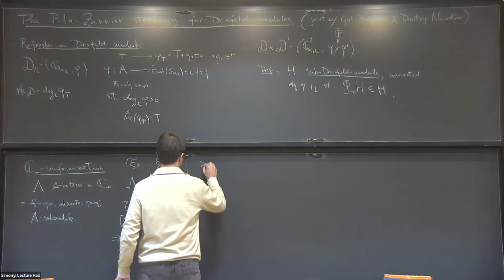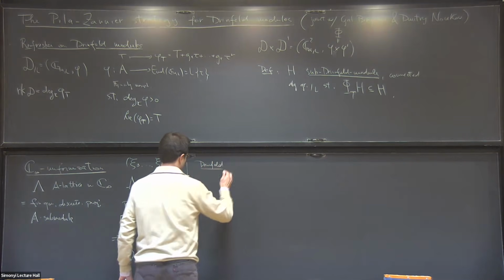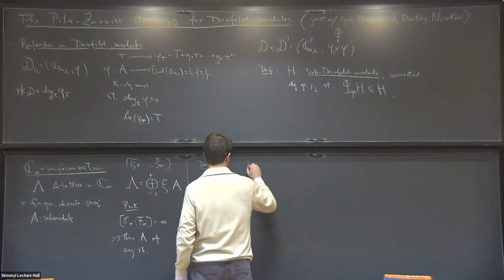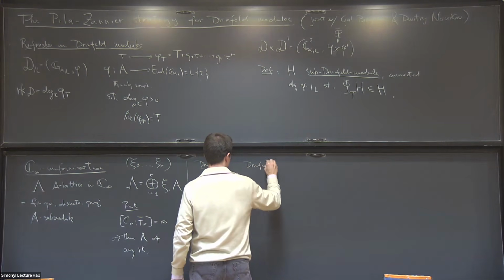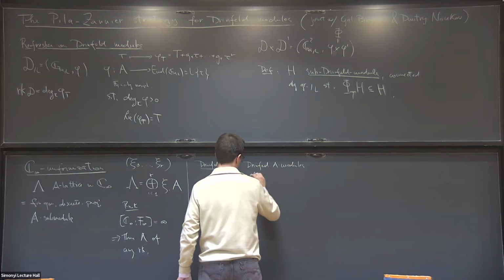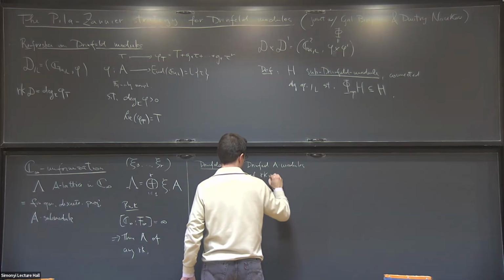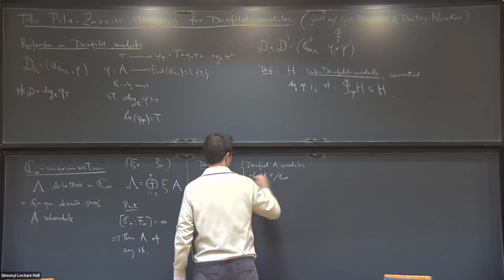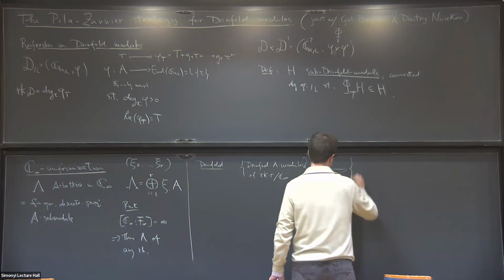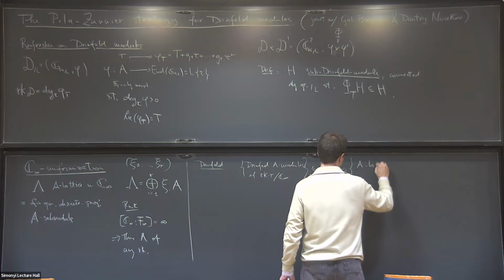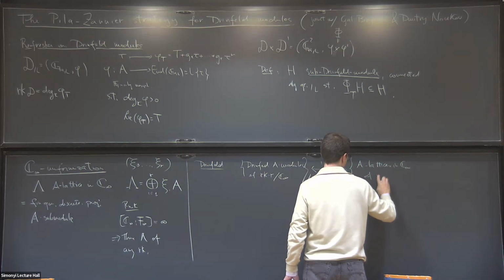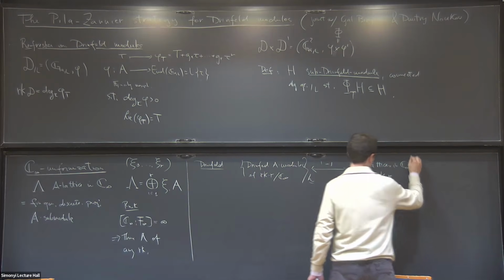In particular, Drinfeld showed an equivalence of categories, which is a bijection between Drinfeld A-modules of a fixed rank over C infinity, up to isomorphism, and A-lattices in C infinity of the same rank, up to homothety.